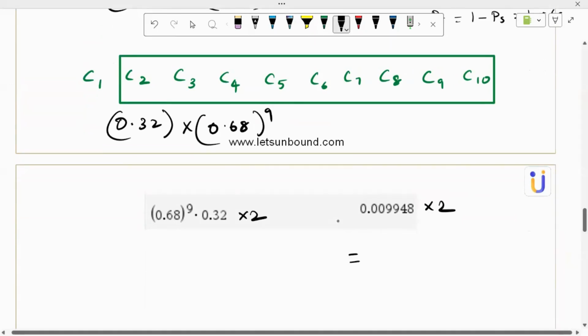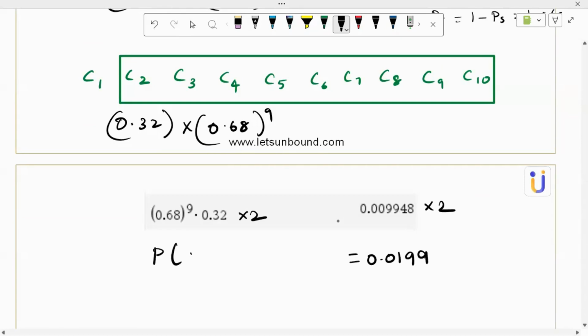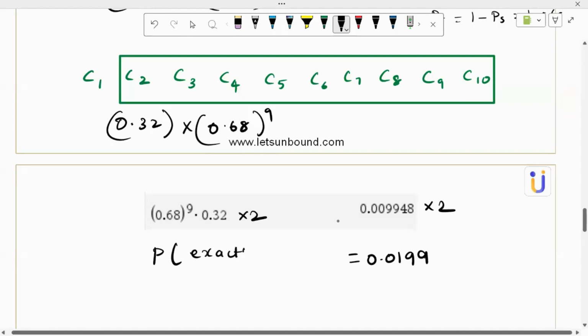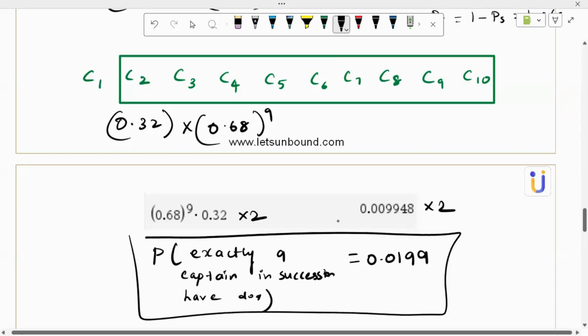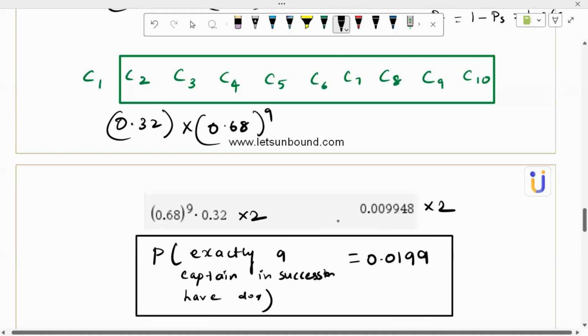Okay, so that is the required probability, which is the probability that exactly 9 captains in succession have a dog. Yeah, it's quite big, but yeah, that's it. This is the probability, and when you convert it, it's just 1.9%.